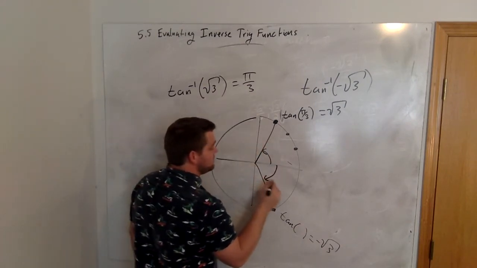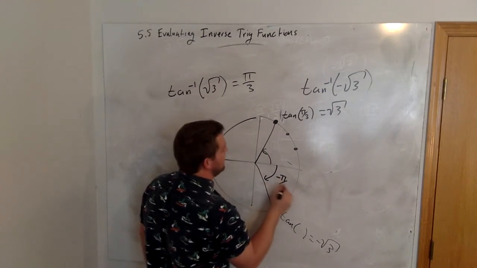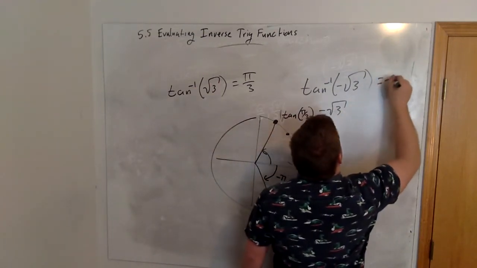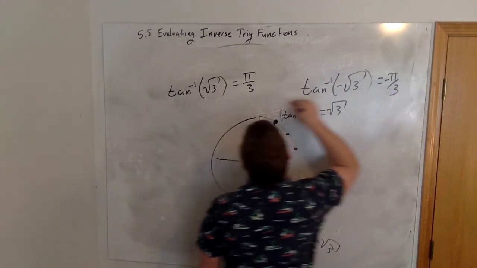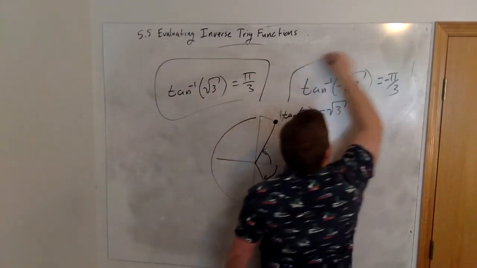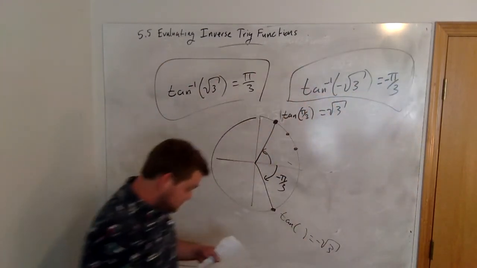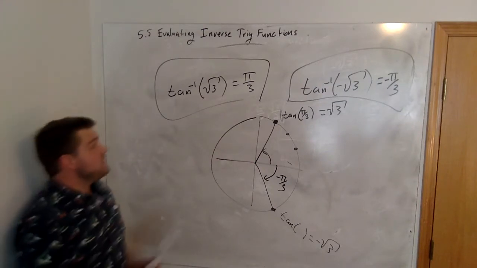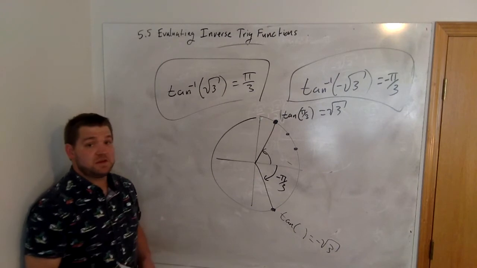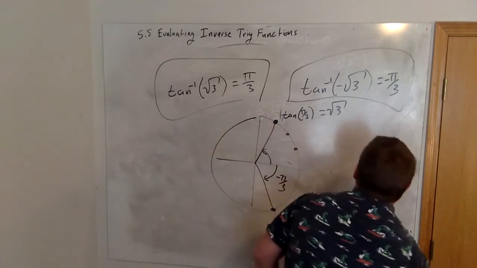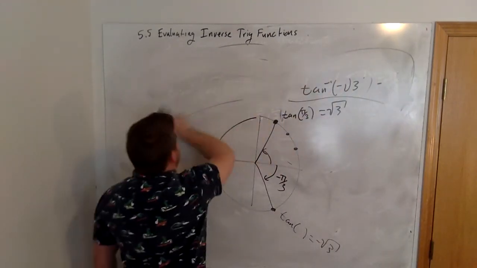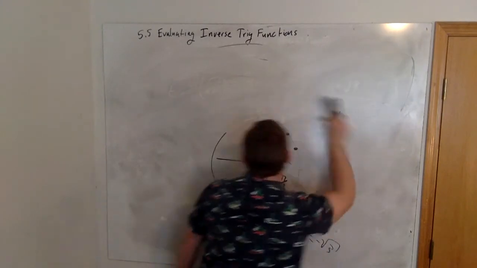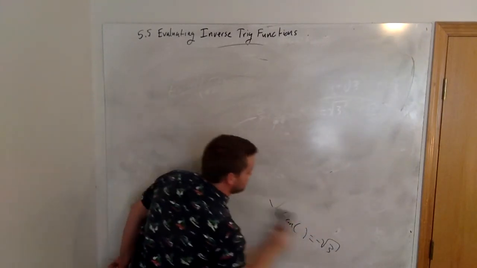I need to report this angle, which is negative pi over 3. So the answer here is negative pi over 3. And these are the answers. Now, when we're evaluating trig functions, we actually need to be a little bit careful. Specifically, not just evaluating trig functions, but specifically when working with compositions.